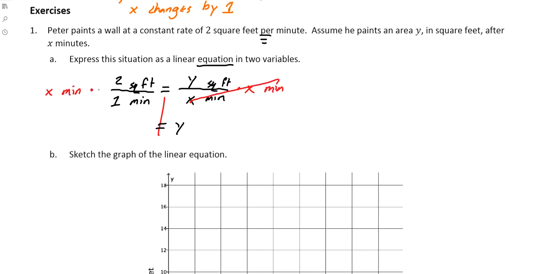And over here we have x times 2 over 1. 2 over 1 is just 2. So to clean this equation up, I like to have y equals, because that's what every linear equation looks like. And then x times 2 is written as 2x. That's the shortest, cleanest way to write it. So there we go. We have our linear equation.